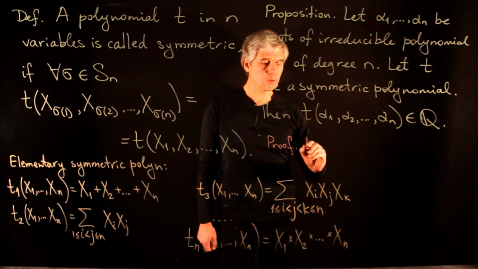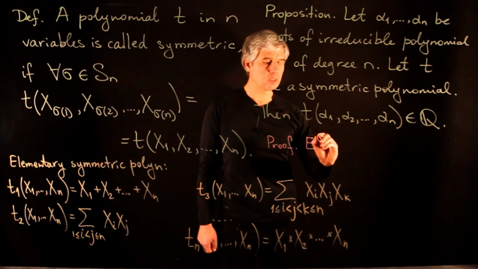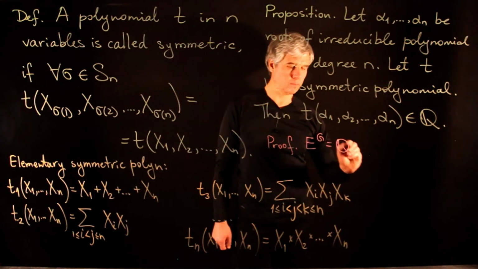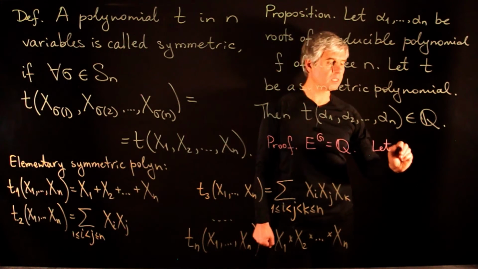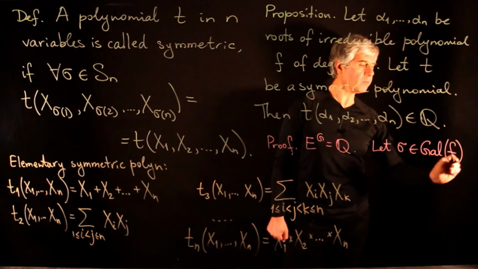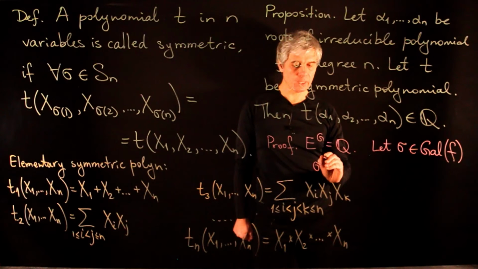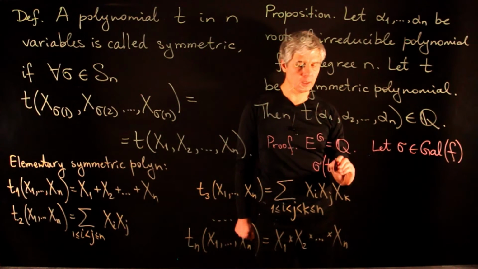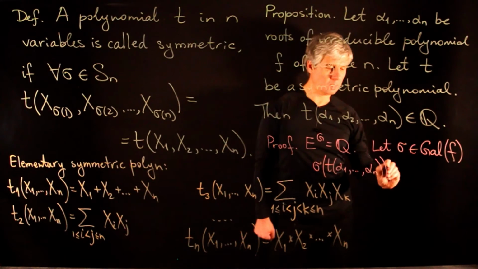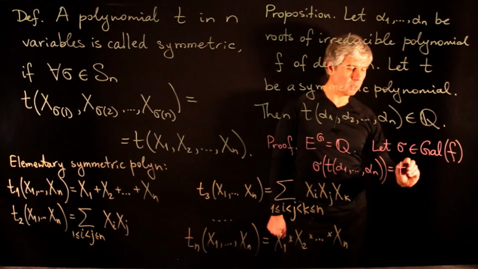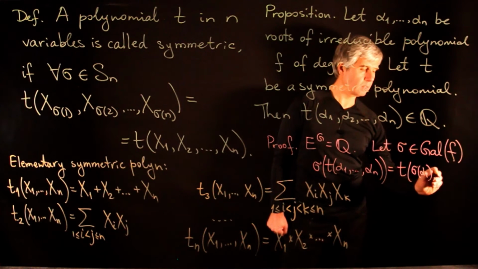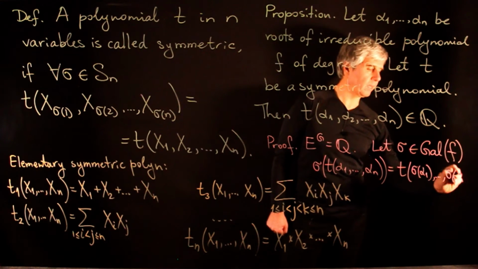We know that the set of elements of E that are fixed by all elements of the Galois group is our base field Q. If we take sigma an element of the Galois group of the polynomial f, then sigma applied to T of alpha 1 through alpha n is going to be T of sigma of alpha 1, ..., sigma of alpha n.